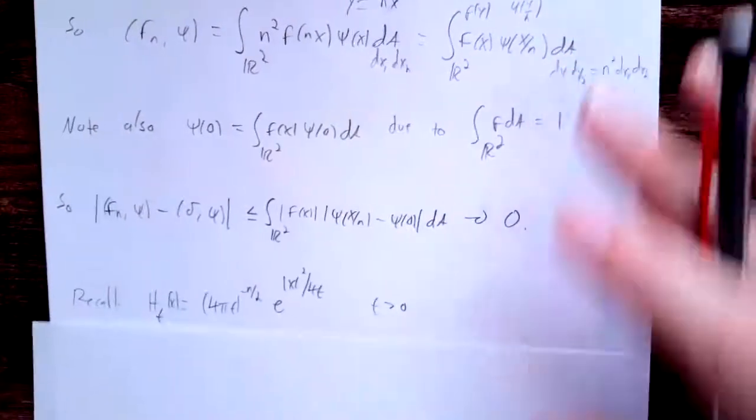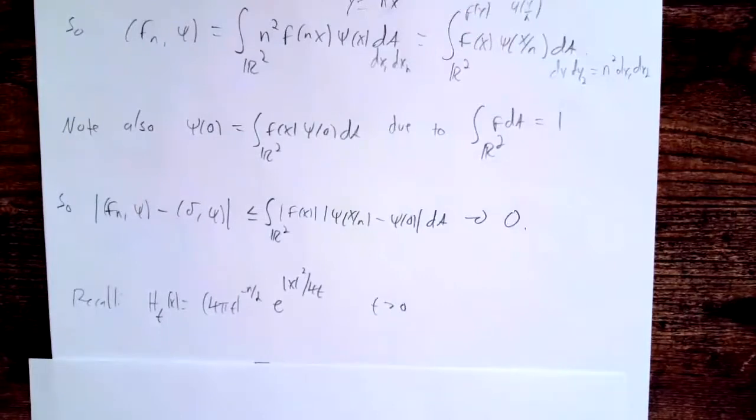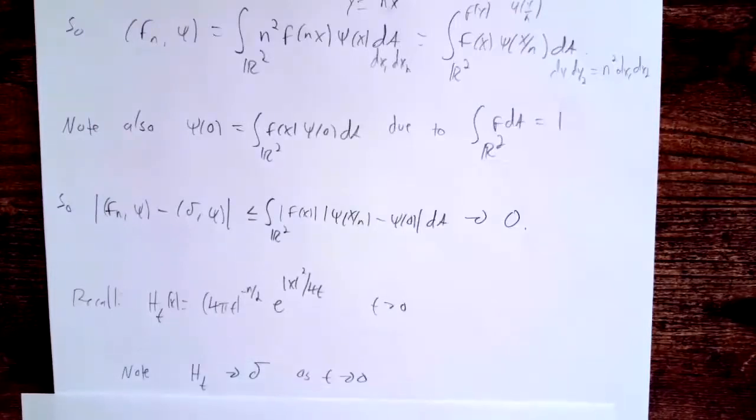Oh, and you may recall this solution to the heat equation. I think I wrote it down maybe even on the first day of class. So the solution to the heat equation on R2, take the limit as t goes to 0. And this will approach Dirac delta in the sense of distributions through the same argument.